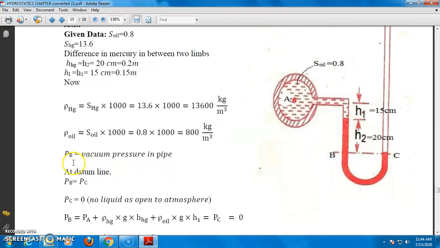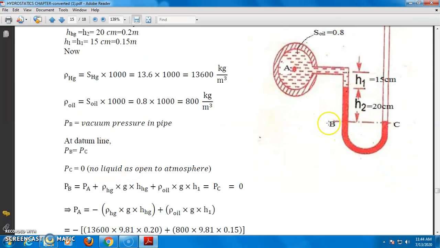Then our aim, as the question says, is to calculate the vacuum pressure, that is the pressure at A, PA. Okay, so first you have to consider the reference line B, C. All of you know that PB is equal to PC, but on the C side the right limb is open to atmosphere.